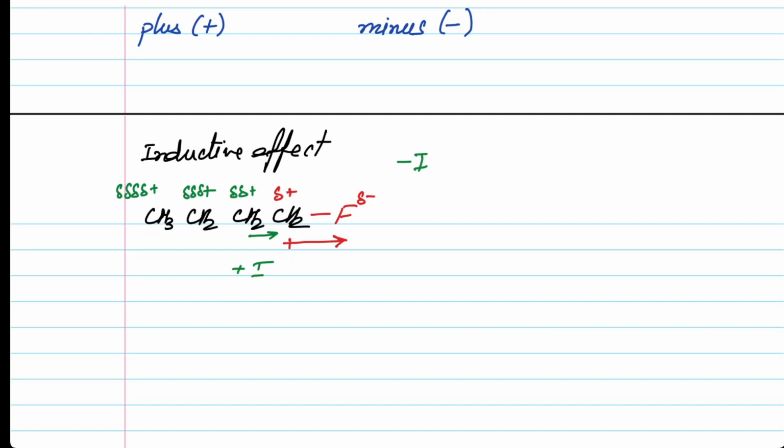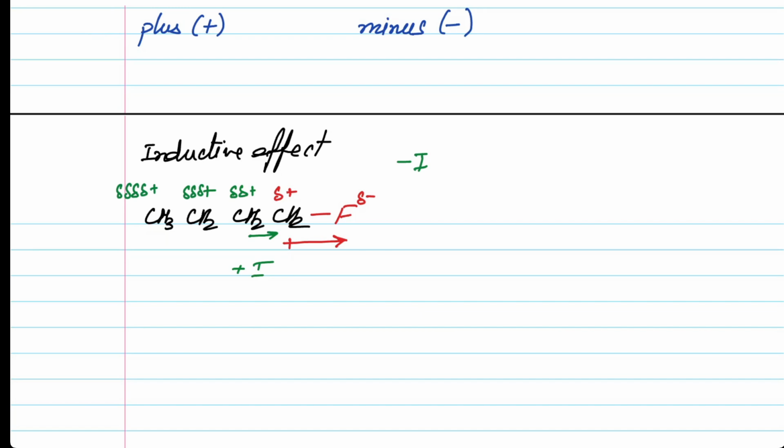The inductive effect is completely dependent on the difference in electronegativity. The more electronegative a group is, the more minus I it becomes, and the less electronegative or more electropositive a group is, the more plus I or plus inductive group it becomes.